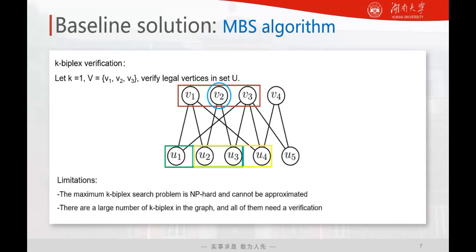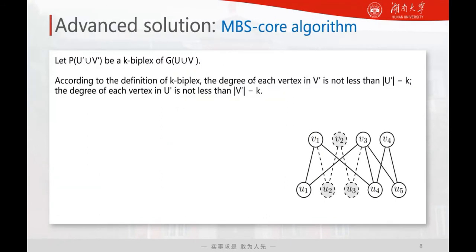The limitation of the MBS algorithm is that it enumerates all the k-biplexes, which has high computational complexity and cannot be approximated. To further improve the efficiency, we propose a core-based MBS algorithm.